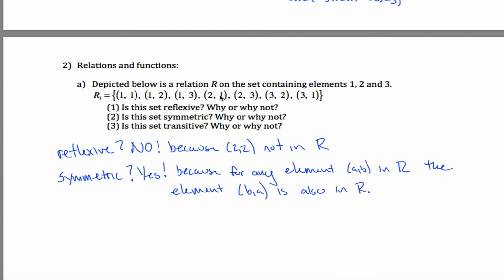Here's 1, 2. Oh, good. Here's 2, 1. Here's 1, 3. I got 3, 1. Here's 2, 1. I got 1, 2. Here's 2, 3. I got 3, 2. Here's 3, 2. I got 2, 3. Here's 3, 1. I got 1, 3. Good enough. And here's 1, 1. I got 1, 1.